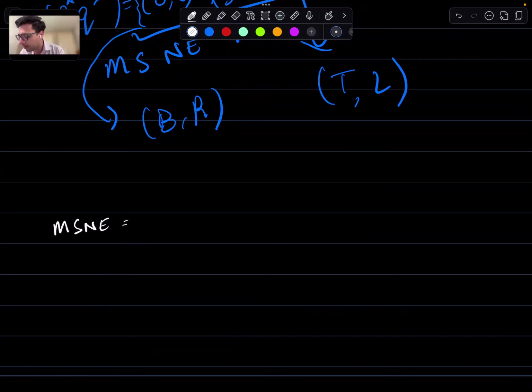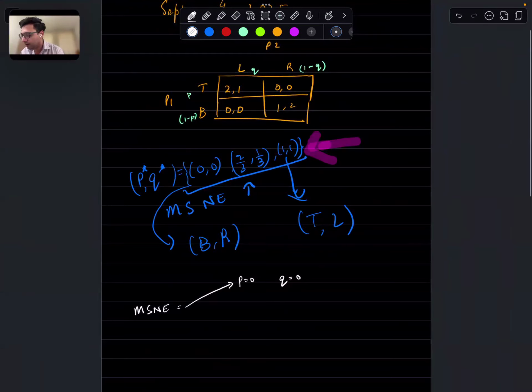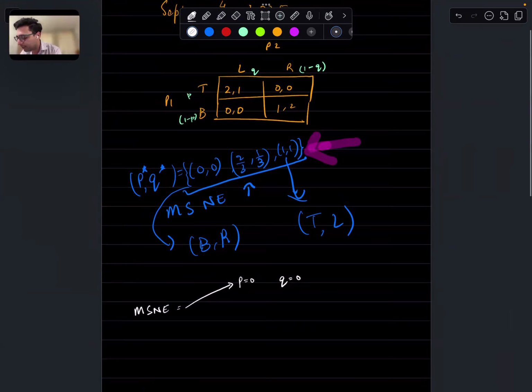So our mixed strategy Nash equilibria take the form P equal to 0, Q equal to 0, which means T is played with the probability 0, which means B is played with the probability 1, and L is played with the probability 0, which means that R is played with the probability 1. So this is the same as the pure strategy Nash equilibrium BR.